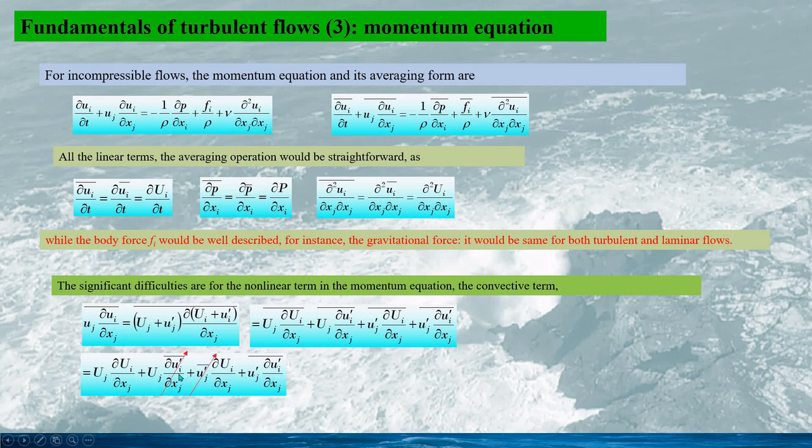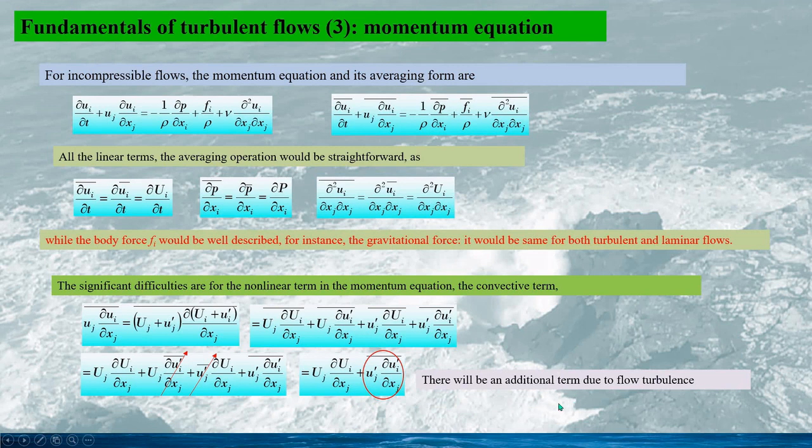Now the gradient of the fluctuating velocity with respect to xj, its average would be 0. And obviously this term would be 0 as well. So these two terms will vanish. Therefore, we have the expression for this nonlinear term. And we can see there is an additional term because of the flow turbulence.